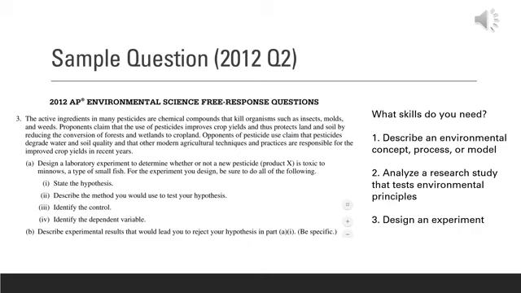The second is to analyze a research study that tests environmental principles. While there is no explicit research study given to you in this question, you are being asked to look at modifications and data that would change your hypothesis. Lastly, you need to be able to design an experiment. This is requiring you to clearly show method, groups, variables, and hypotheses.